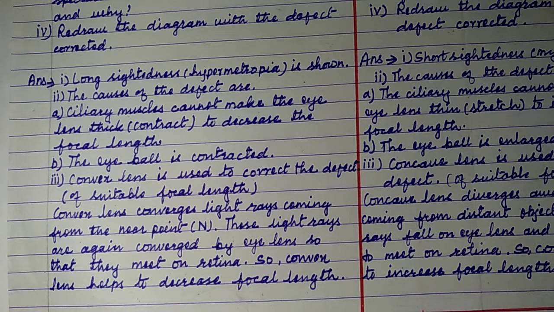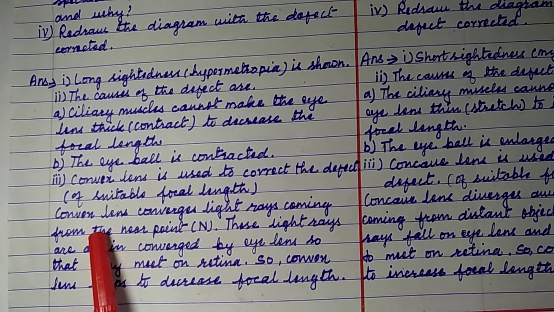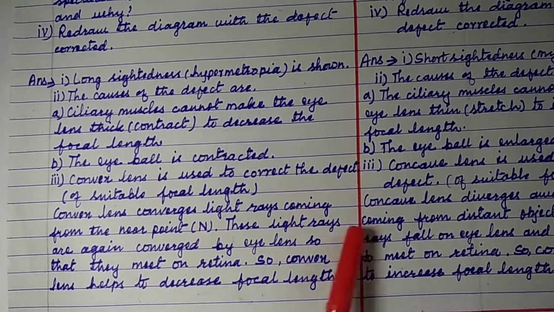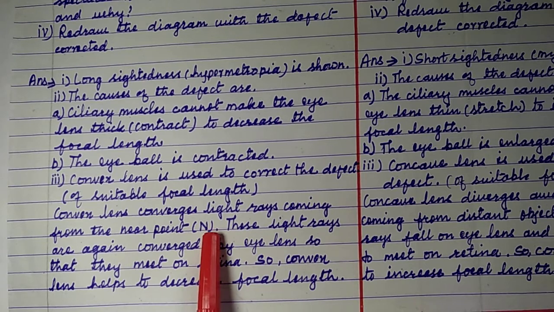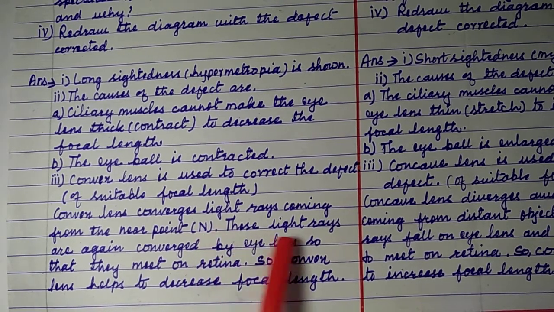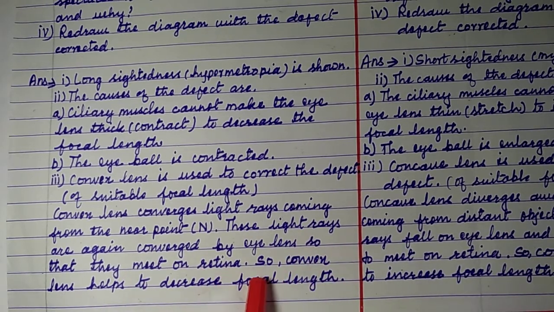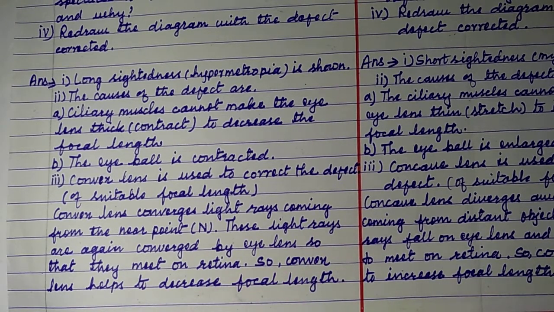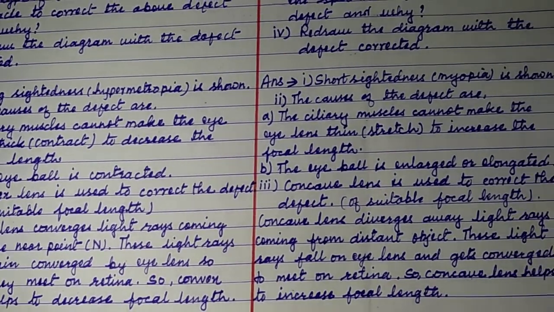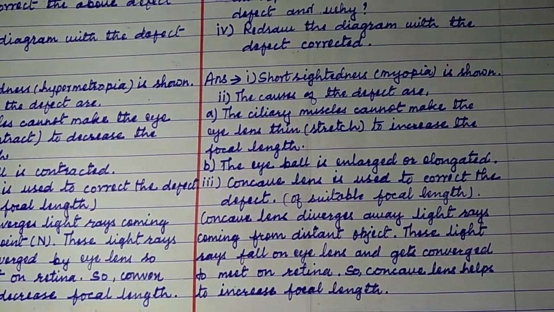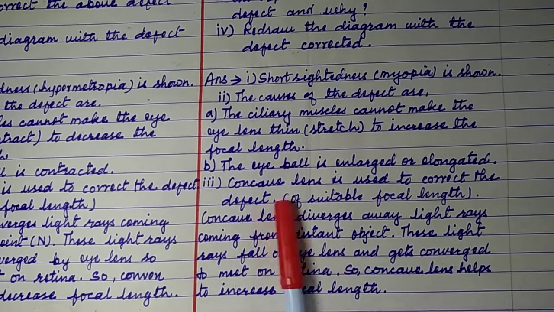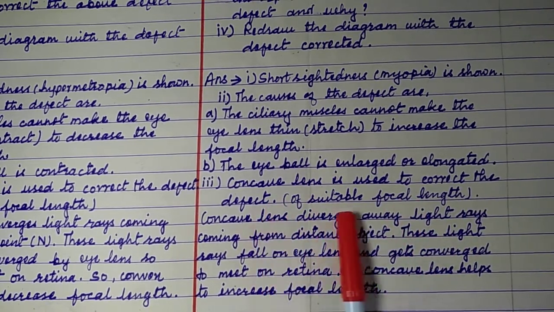In order to correct the problem, the lens should make the focal length shorter, and that is done by the convex lens. The object is kept at the near point. And for short-sightedness, a concave lens of suitable focal length is used to correct the defect.